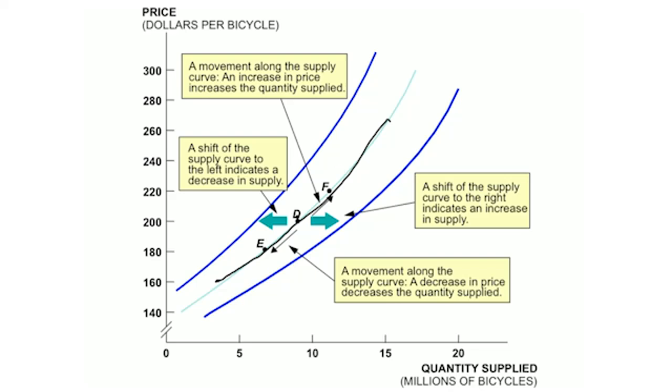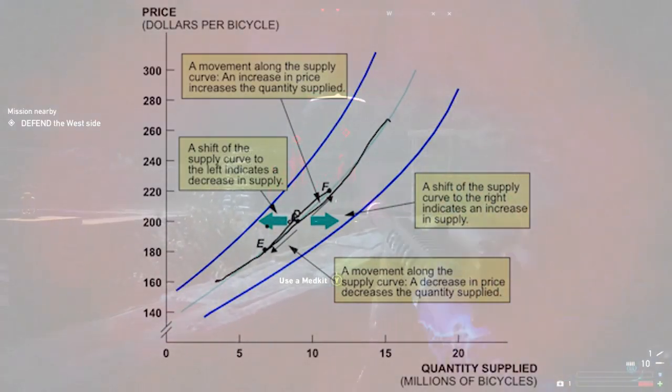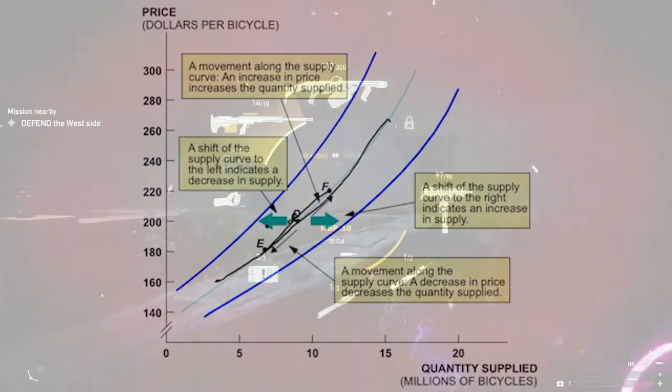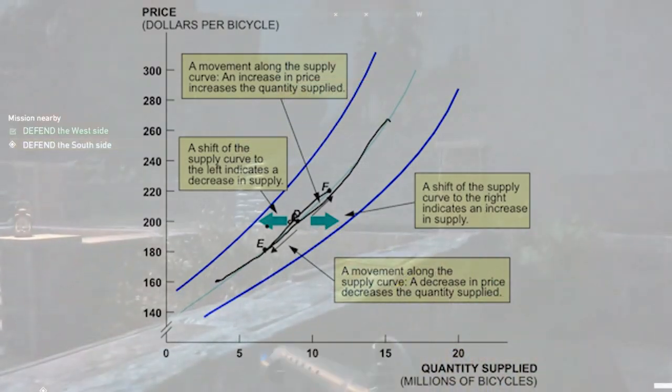So as you go from point D, say, to point F, that is an increase in the price, and we're seeing an increase in the quantity supplied. That's just movement along the curve. If the price goes down from D to E, then we're seeing a decline in the quantity supplied. Again, movements along the curve, because the thing that is changing to change that quantity supplied is indeed the price.